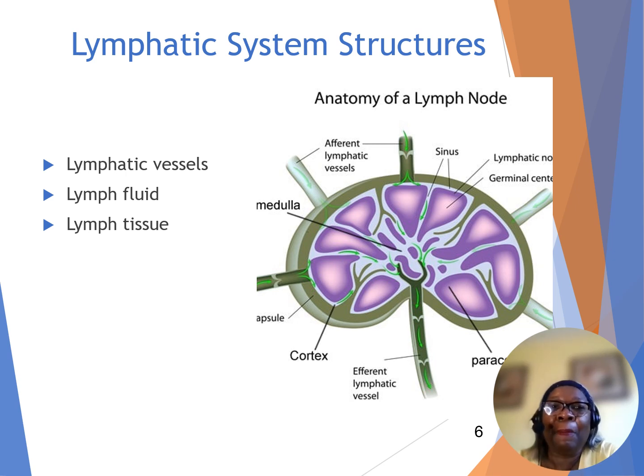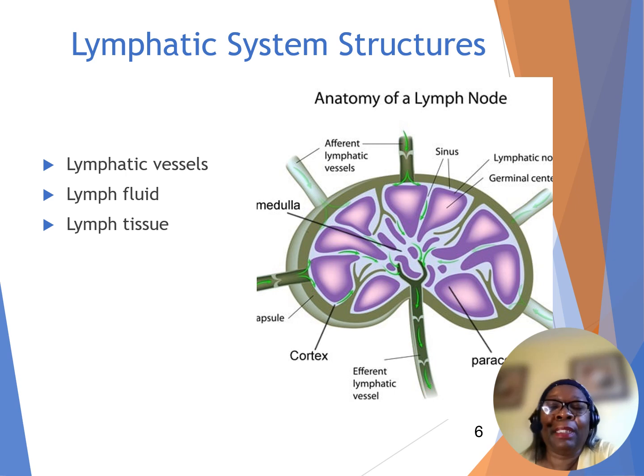All right. So, what happens next as this fluid is transported to this lymph node? Well, next, waste and foreign materials are filtered out of the fluid. The fluid is then returned to the circulatory system, okay, where the red blood cells and everything is.